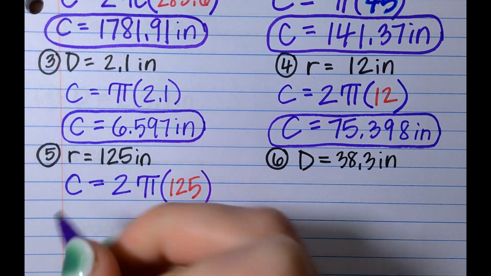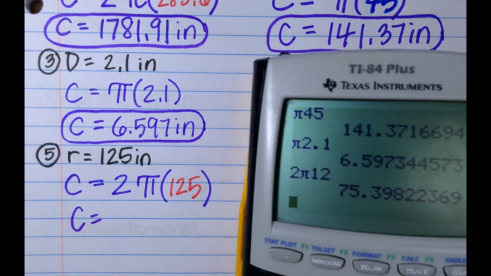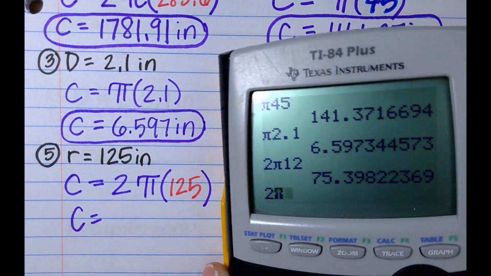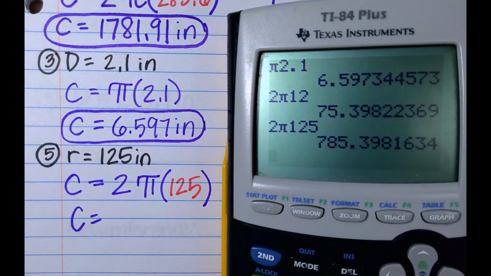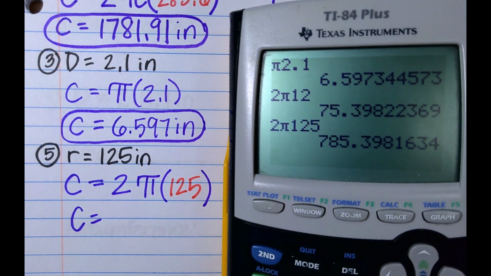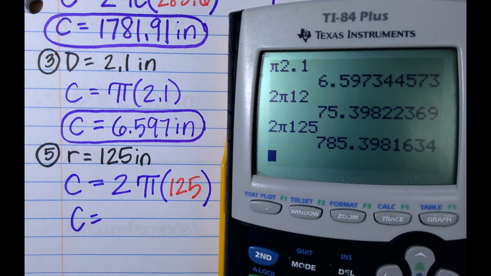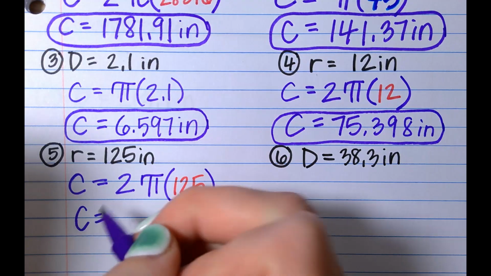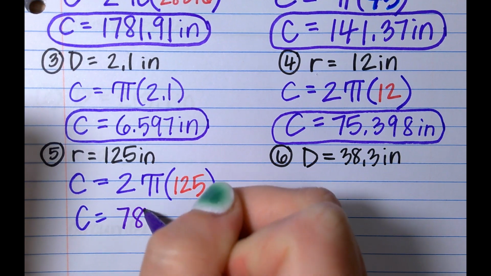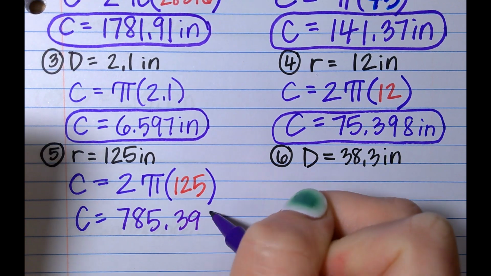Okay. So I'm going to type that in, 2 pi 125, and I got 785.398. I'm going to write that down. Let me know if you get something different. 785.398 inches.